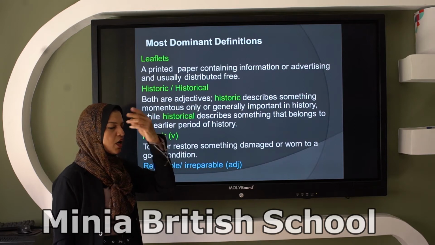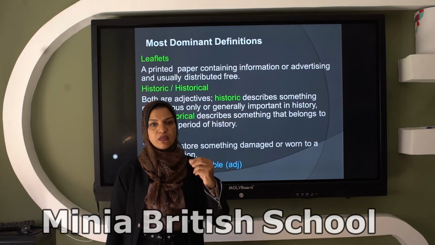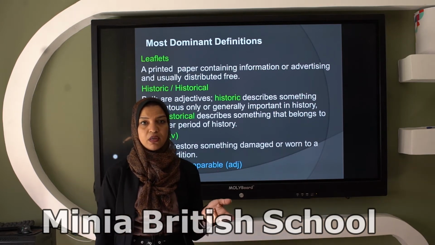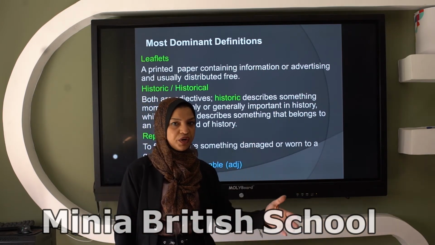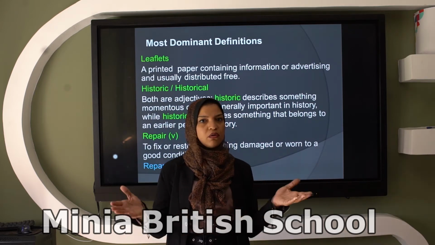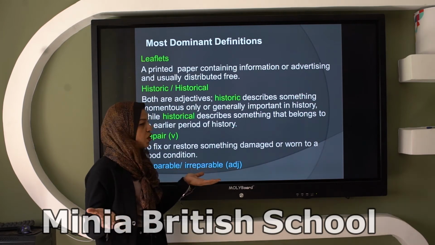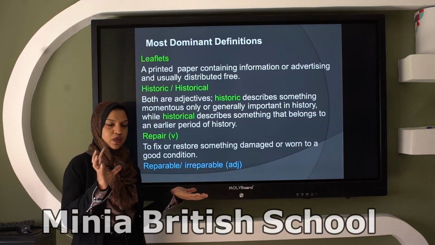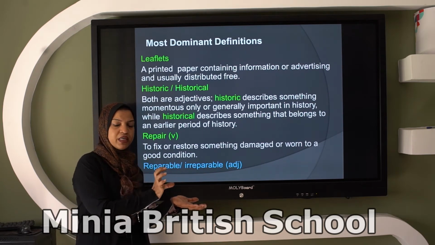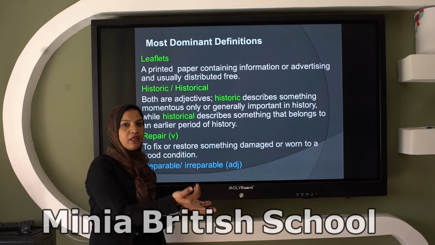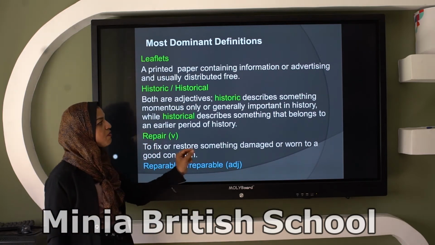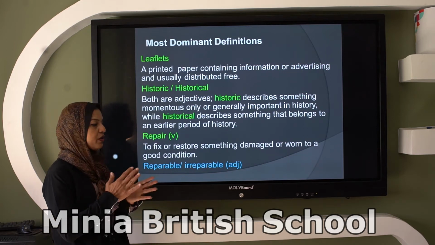For example, if we are talking about the pyramids of Egypt, we say that the pyramids of Egypt, or the pyramid as an area, is a historic place for tourists to come and visit. So that's concerning historic. It also talks only about buildings or places or areas that are very much connected to history, while historical describes something that belongs to an earlier period of history.